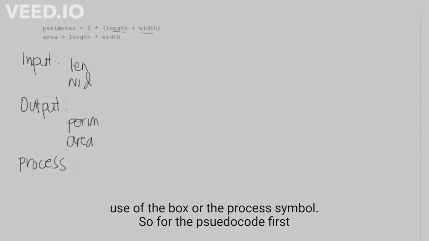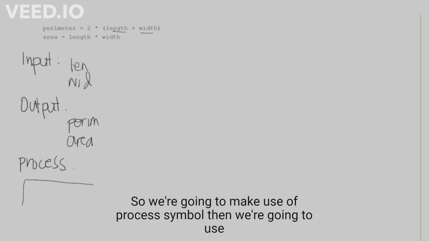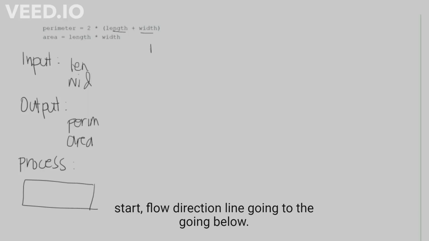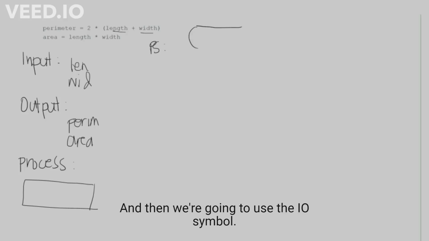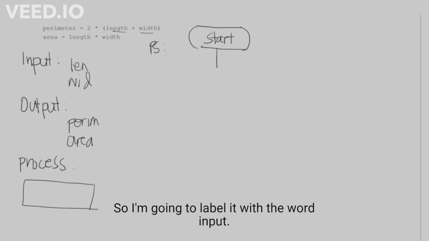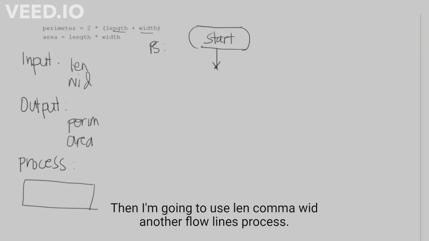For the flowchart first, we use the lozenge symbol, then start, a flow direction line going below, and then the IO symbol. That's for the input, so I'm going to label it input, then len, comma, width, with another flow line, then process.